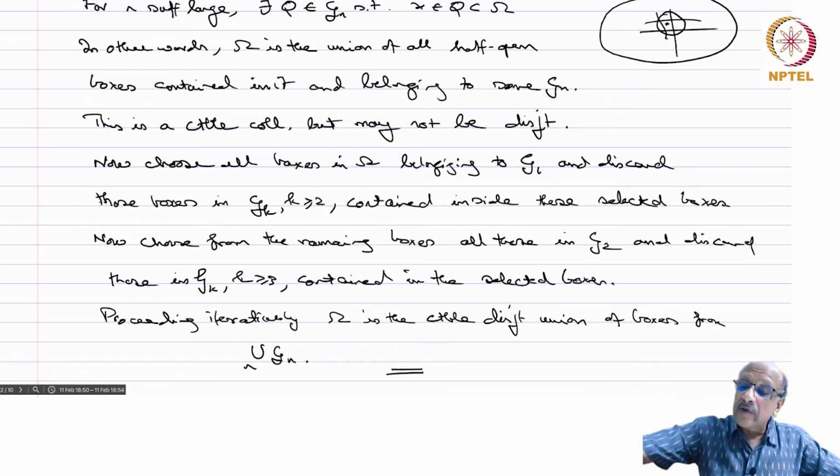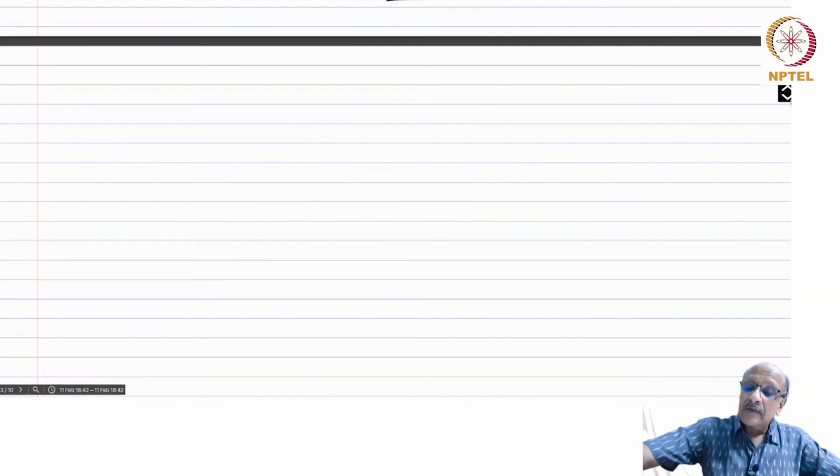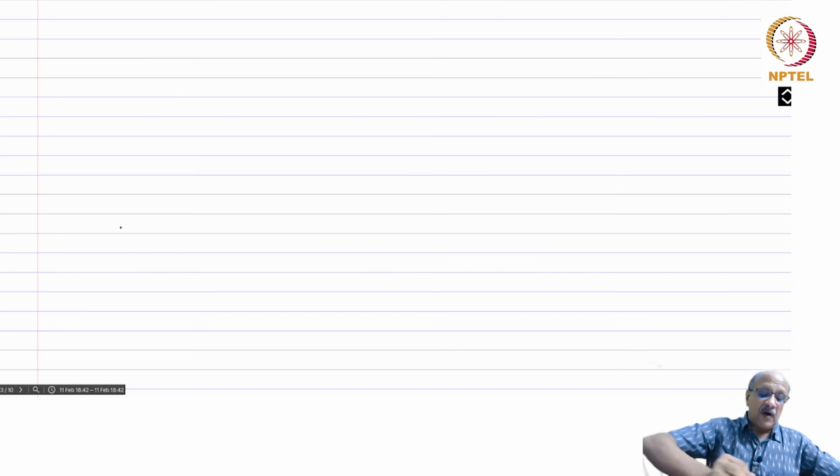So you can always write every open set as a countable disjoint union of half open boxes. That is the moral of this lemma.